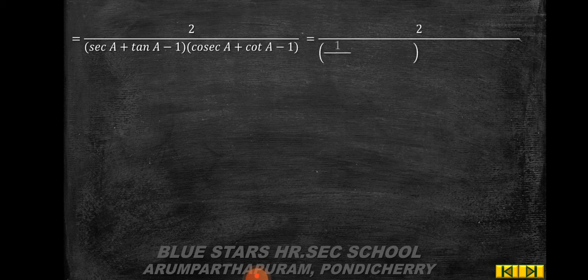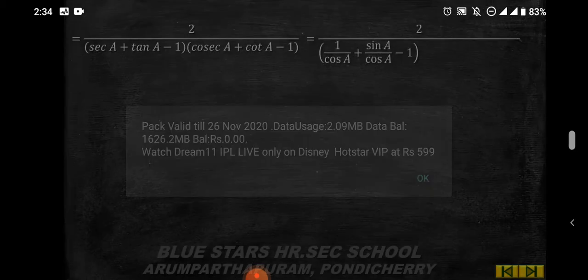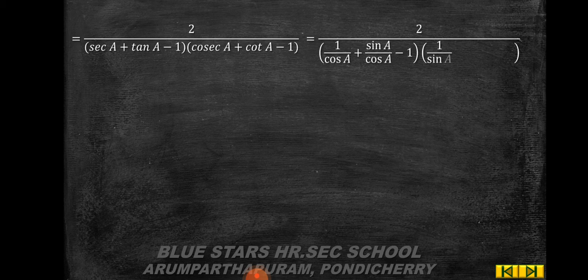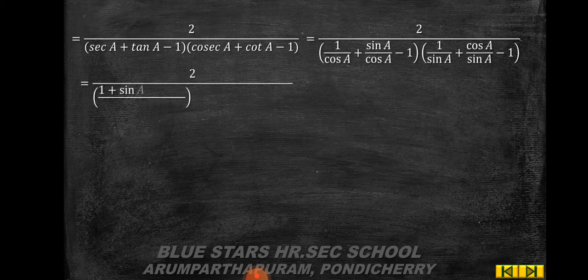which is equal to 2 divided by secant is nothing but 1 by cos A plus tan is nothing but sin A by cos A minus 1, into cosecant A is 1 by sin A plus cot A is cos A by sin A minus 1, which is equal to 2 divided by, taking the common LCM.